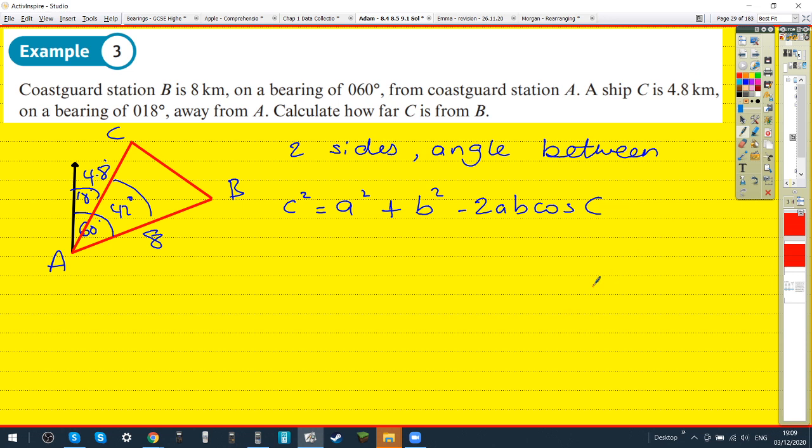C squared equals 8 squared plus 4.8 squared minus 2 brackets 8 brackets 4.8 cos C. What is C? See the angle? Theta. Okay, what is theta? 42. Yep.